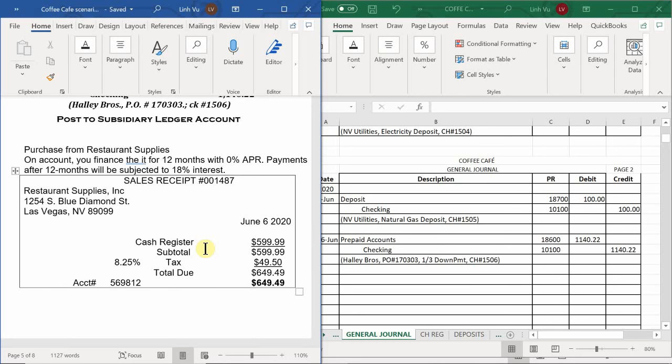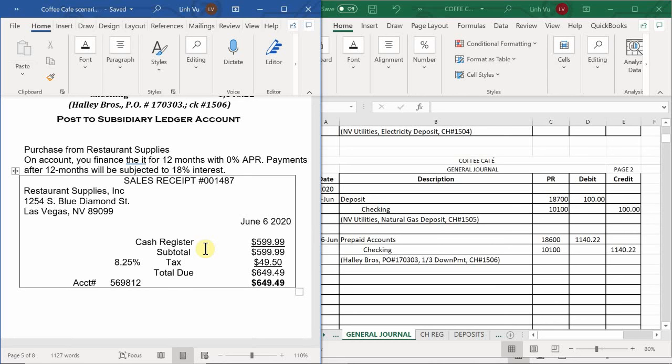Correct. Okay. So in this case, how much is my cash register right now when it walked out the door? $649.49. Not what it originally cost me for $5.99, because in this case, I have to include sales tax. And if I ordered this online and had it shipped to my store, I would have to pay whatever additional fees, because the idea is to get the asset to the store and ready for service.